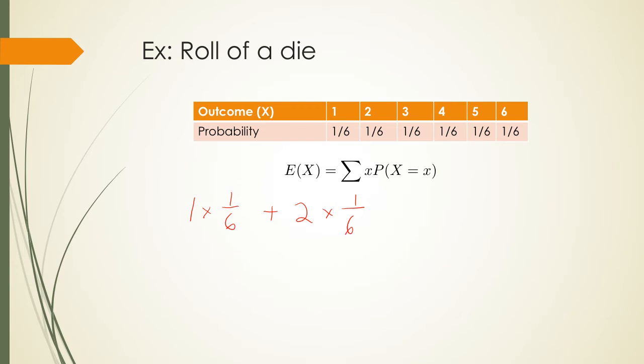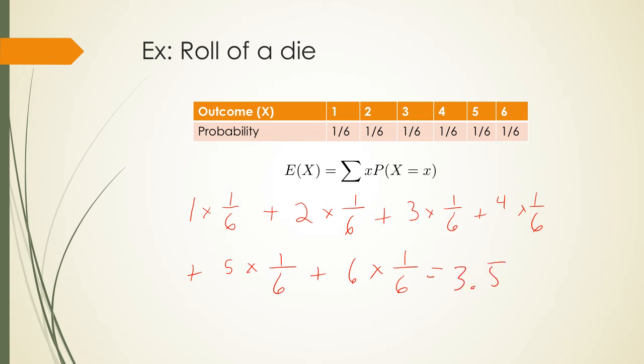We continue this process for all values in the sample space. Computing this, we get 3.5. That is, if we rolled the die many times, the average would be 3.5.